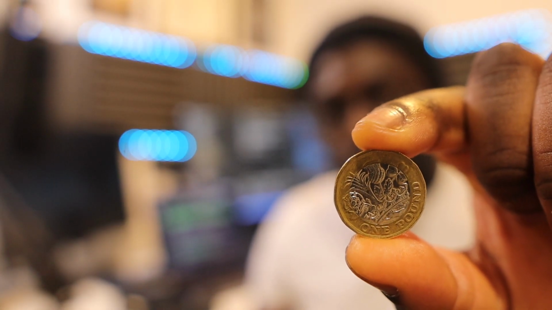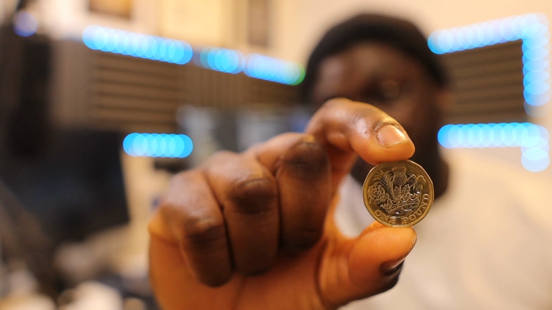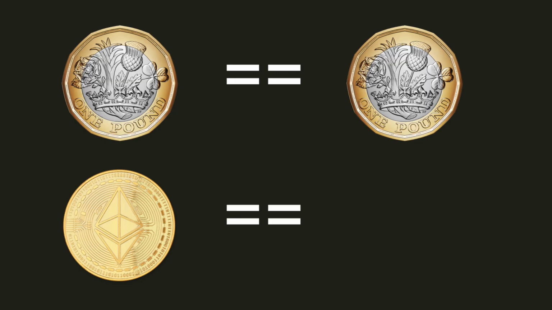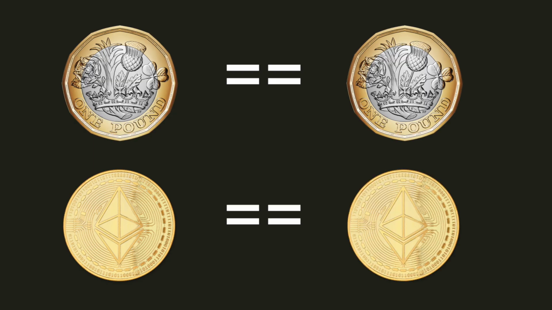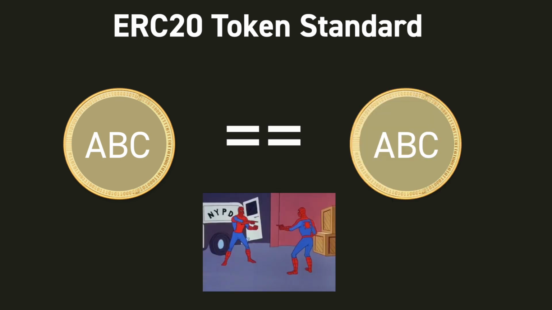And this £1 coin can be traded out for another £1 coin, both of the same value. Or 1 ETH is equivalent to another ETH. Meaning, if we make an ERC20 token named ABC, one ABC token is equal to all other ABC tokens.